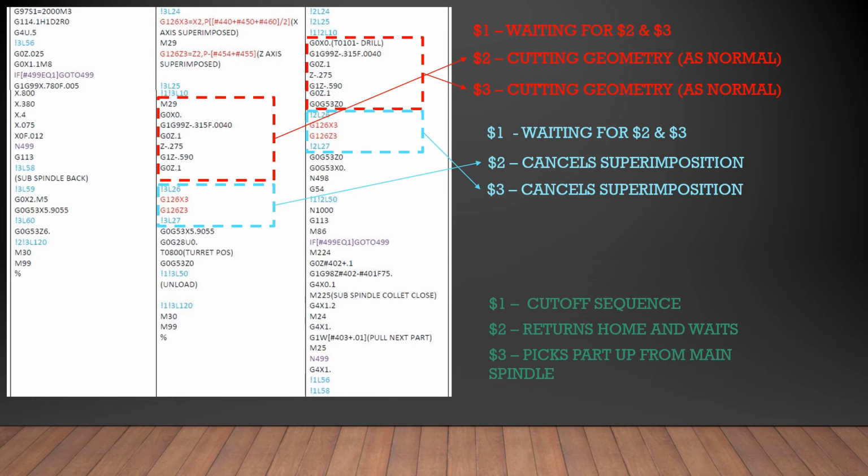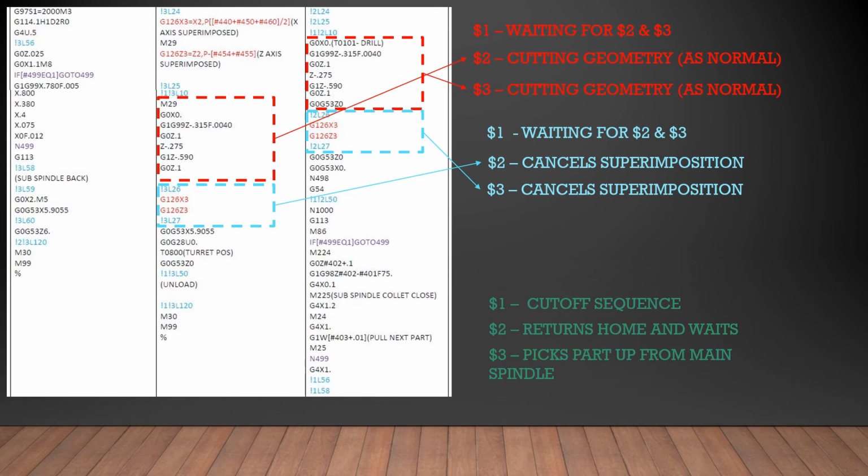And then it has a rapid back. Now, it doesn't matter whether you have these exactly timed together, because timing is not the issue. Once they are superimposed, they are tied together.